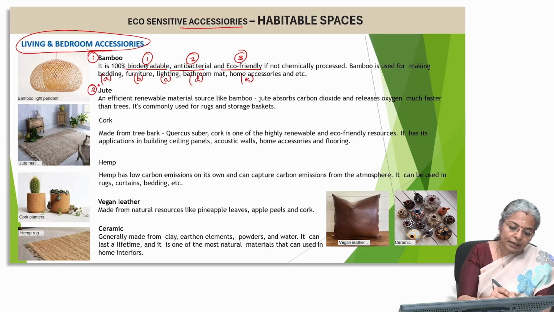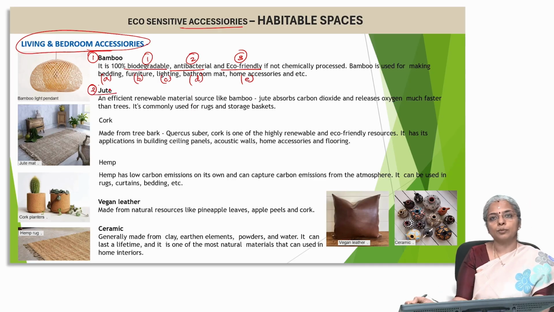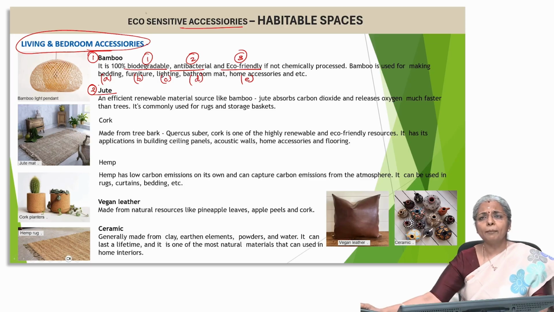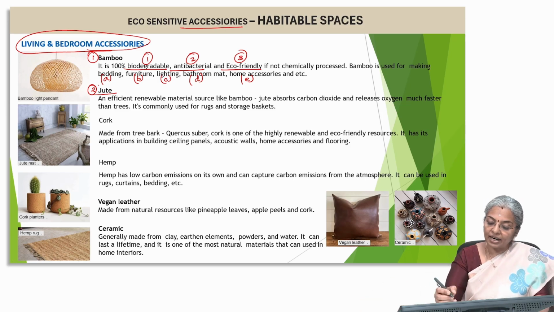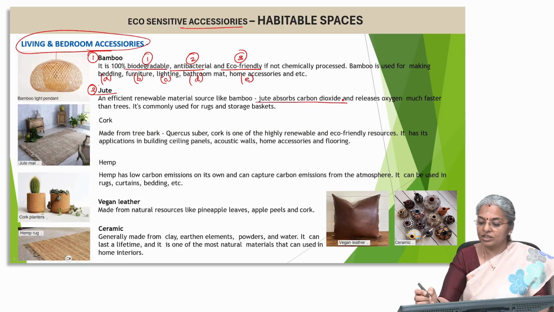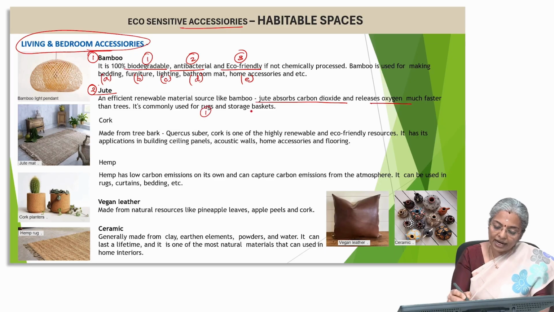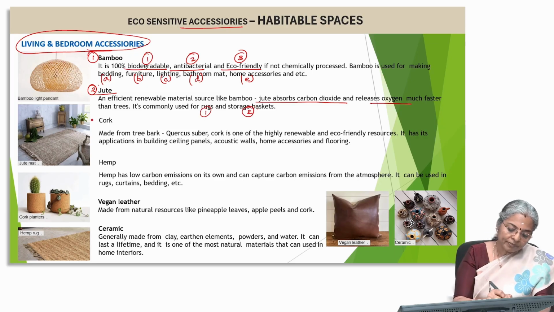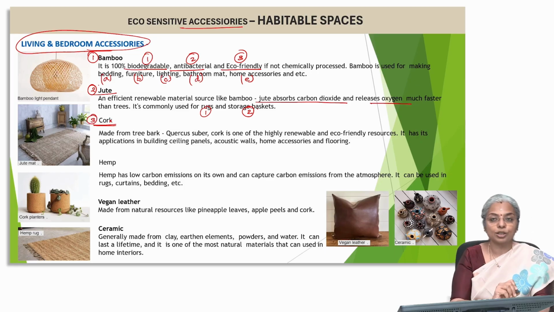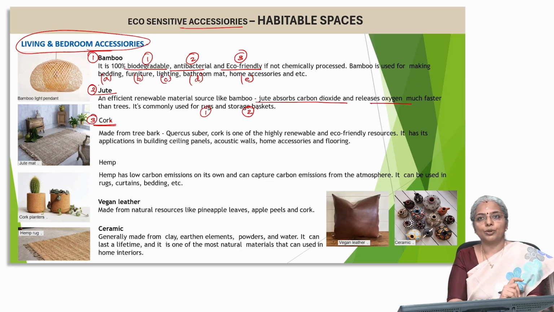The second material which can be used in small homes is jute because jute is an efficient renewable material source just like bamboo, and jute also has various advantages in that it can absorb carbon dioxide and release oxygen much faster than trees. It's commonly used for rugs and storage baskets. The third material which you can use is cork. Now, cork is actually made from the bark of a tree which is called Quercus suber.